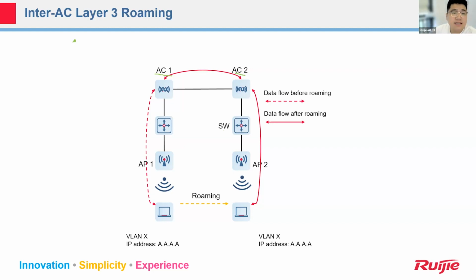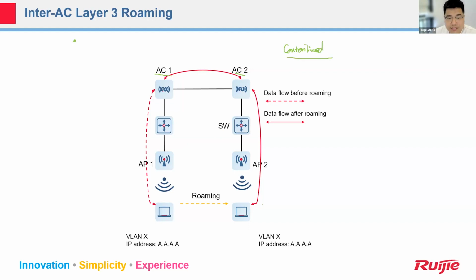And then let's see how the traffic is forwarded in inter-AC layer 3 roaming. The forwarding mode here is the centralized forwarding. Okay, this is a centralized forwarding mode.